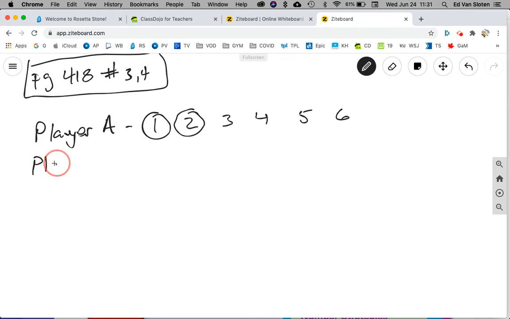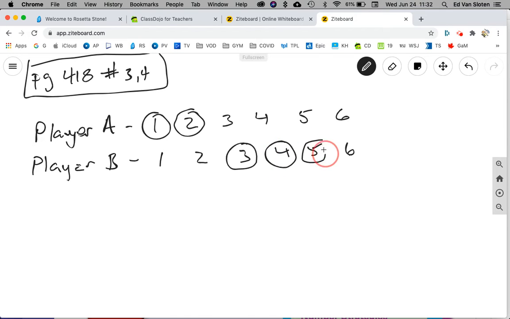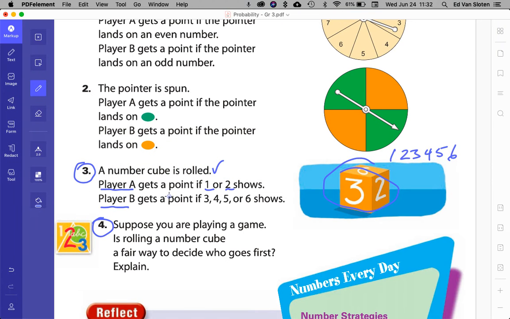I can tell you that already, because player B has 4 chances to win. So player B wins if it's that, that, that, or that. Okay. Now let's see what the actual question is.